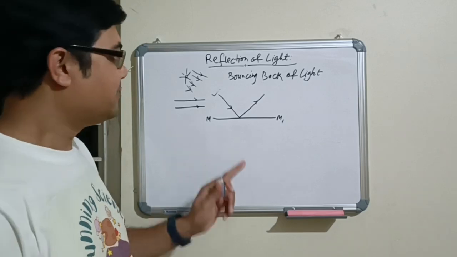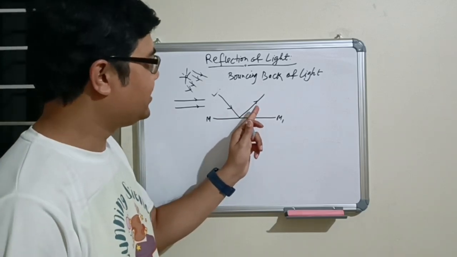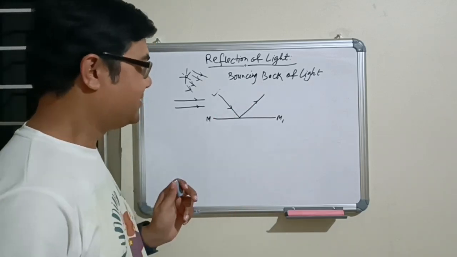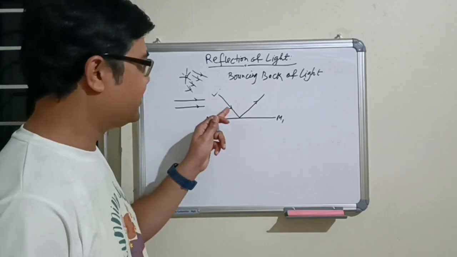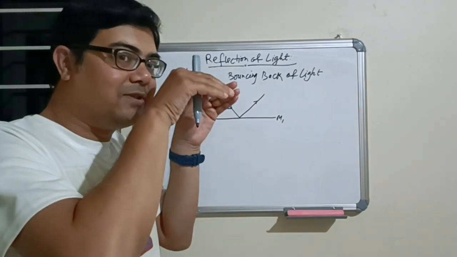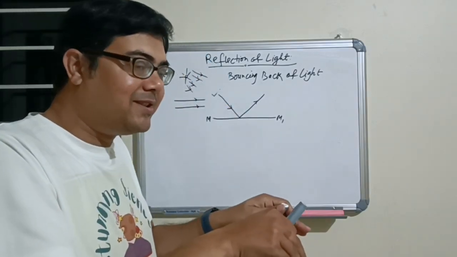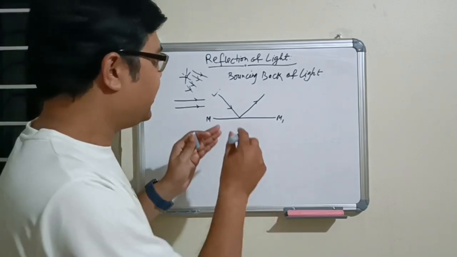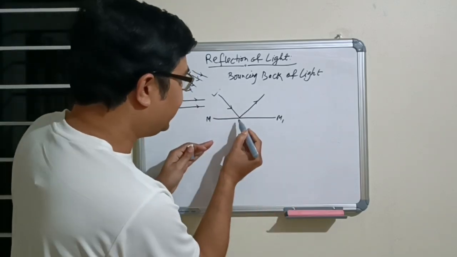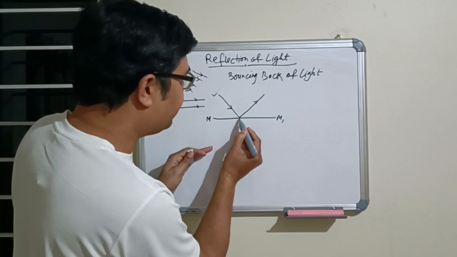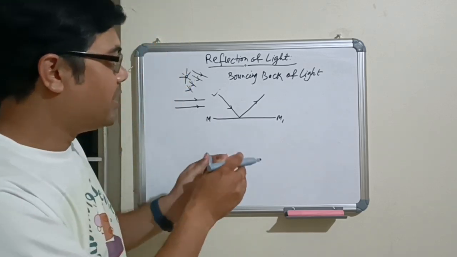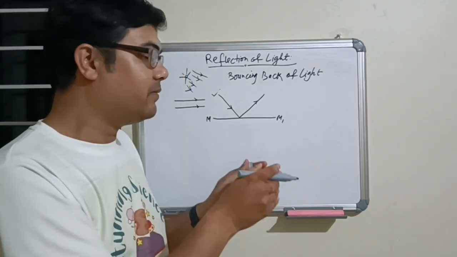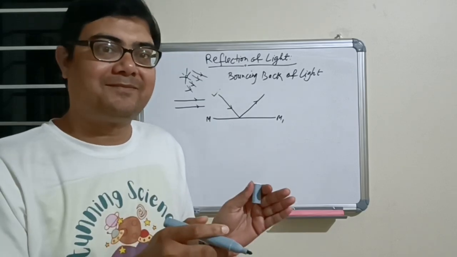Now see, I have given the direction of light upwards. Initially it was in a downward direction. Light was falling on the mirror surface, and after reflection, or bouncing back of light, it goes upward. This point is very important, because at this point reflection of light takes place.